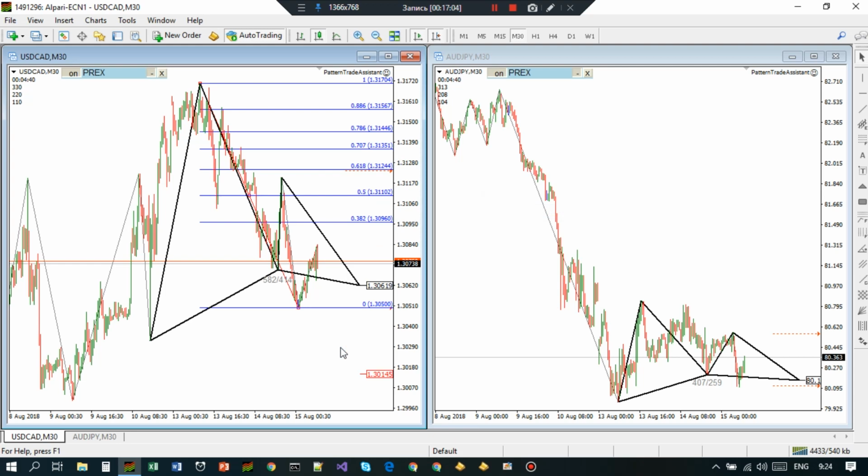Okay, both of them are 30-minute trades, 30-minute time frames, and it takes a while for a candle to close. It takes 30 minutes to be precise, and it may take some time for patterns to complete.